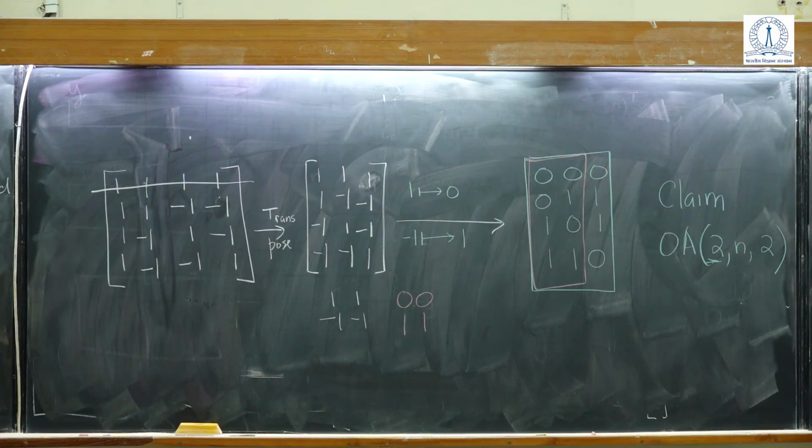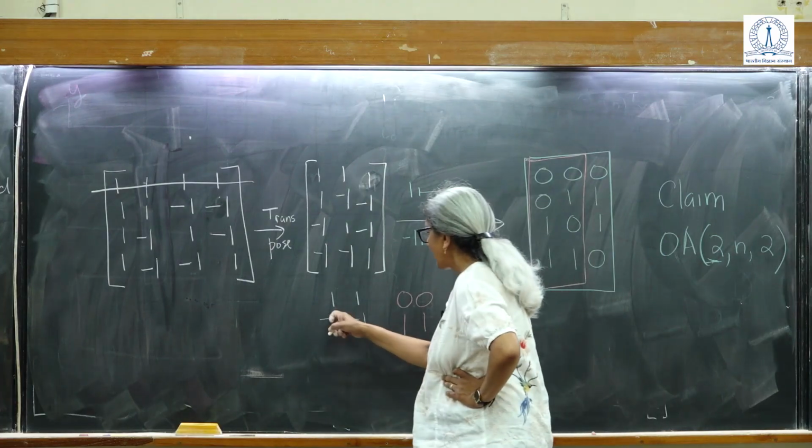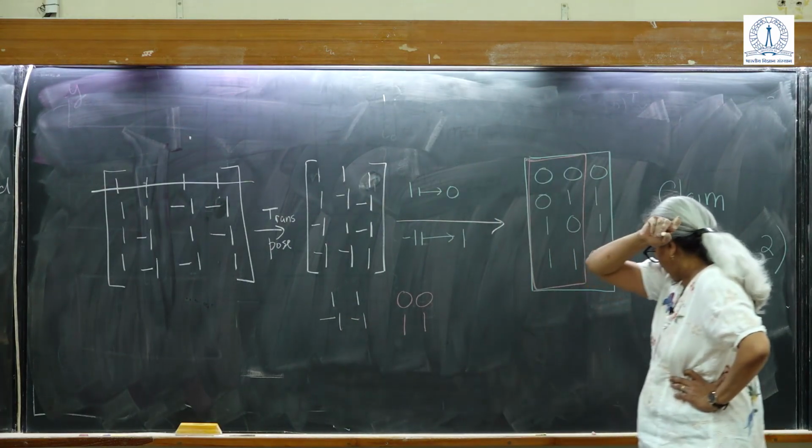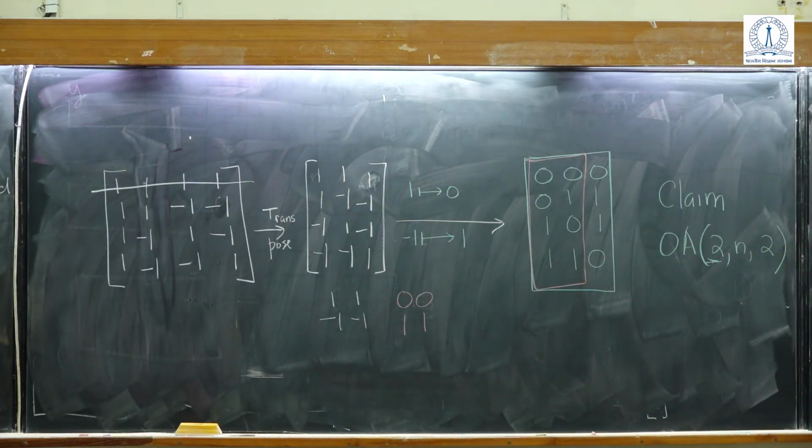So what do I want to say here? I'm going to get confused here, because before you were looking at rows, and now you are looking at columns. Yeah, now I'm looking at columns.